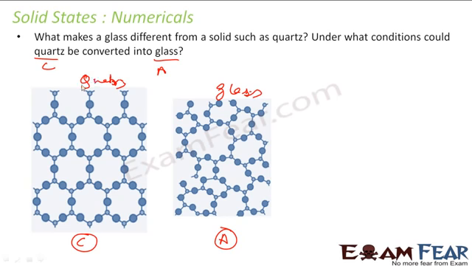Now the question is, how will you convert quartz to glass, that is, from crystalline to amorphous? As I told you, nature favors crystallinity because it gives time for all the constituent particles to arrange themselves.